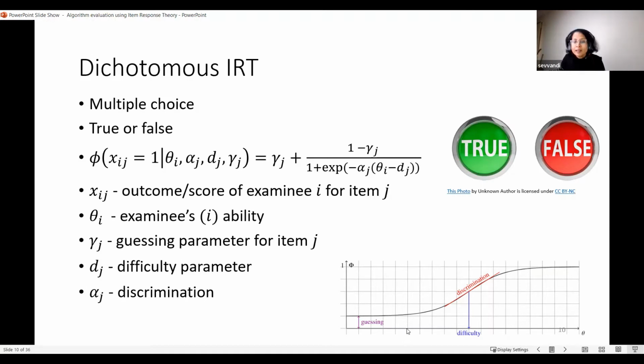When the ability increases, then the chance of getting a high score, getting 1 for that question, increases. And of course, there is a guessing parameter as well, because some questions are easier to guess than others. And the slope here is the discrimination. That is, if the ability goes from one side to the other quickly, then you're going to tip over and get 1 for that question.